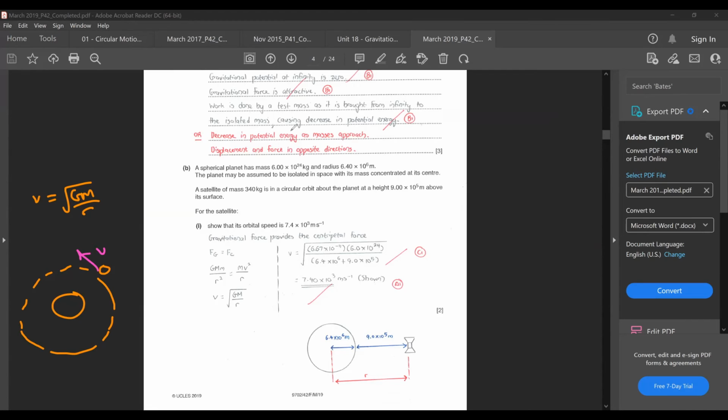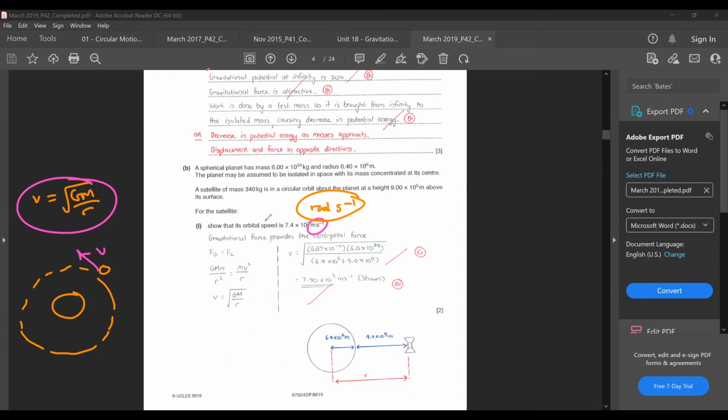One way in which you can know they're talking about linear speed is that you just look at the units. It's meter per second. They're not talking about angular speed or anything like that. If it's talking about angular speed, angular velocity, then you will see a hint from the units, it will be in radians per second. But since you see it's meter per second, you already know it's talking about linear speed.